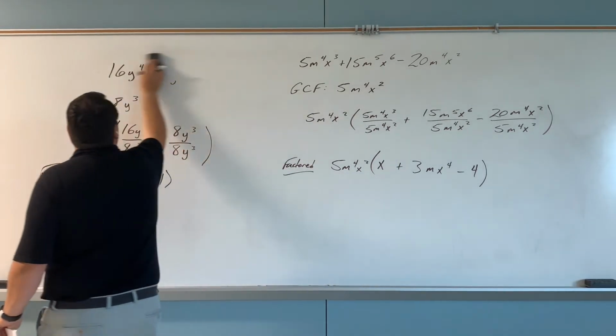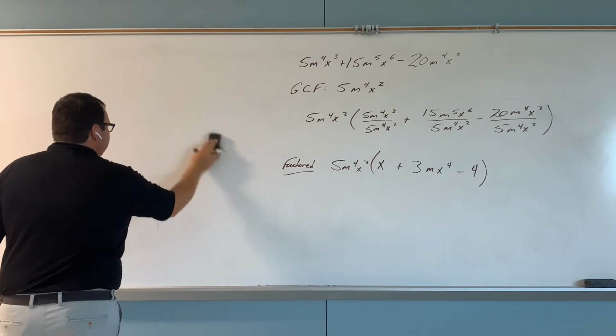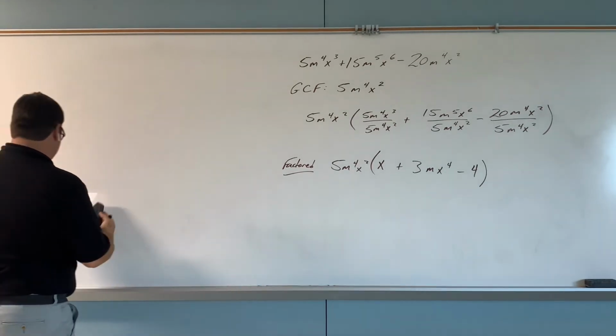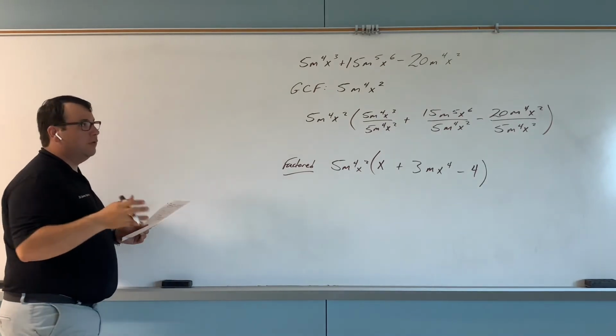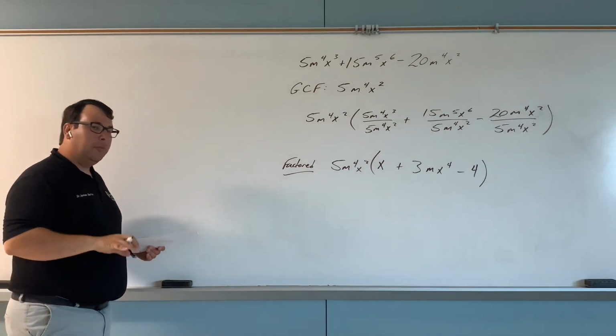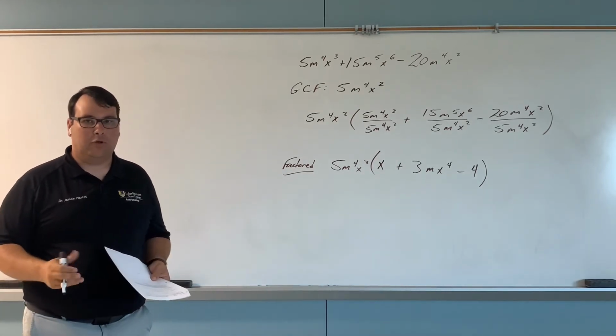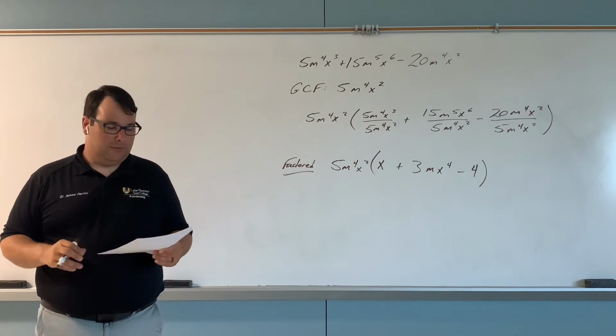Now, greatest common factor is an excellent way of factoring, especially if you have 4 terms in your polynomial. So far, we've worked with some 3-term polynomials that had some common elements to them. But we'll really talk more about 3-term polynomials a little bit later as we get deeper into factoring.